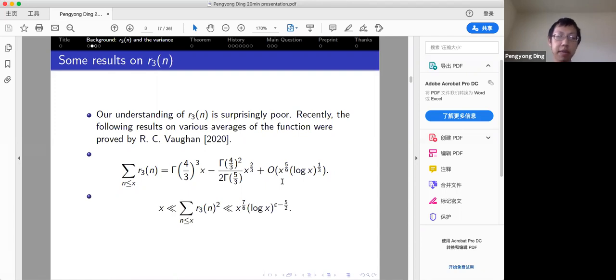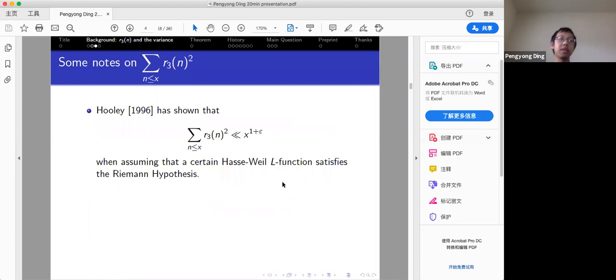For the second moment sum of R3 of n, he only proved that the second moment sum is greater than x, but less than x to the 7/6 times log x to the power of epsilon minus 5/2, where epsilon represents an arbitrary positive number. There are several notes on the second moment sum.